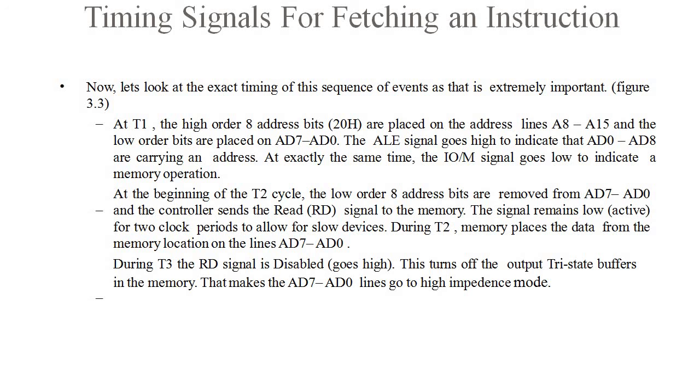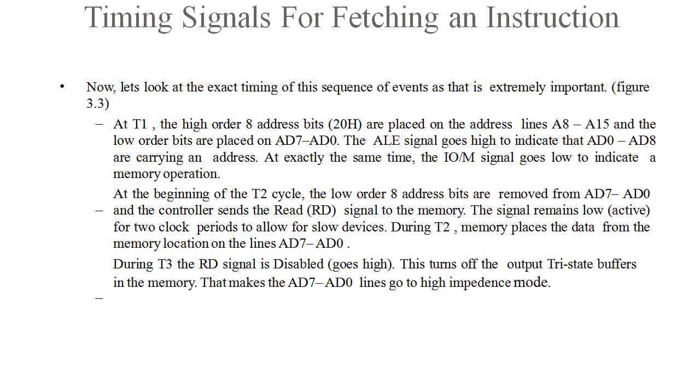At T1, the high order 8 address bits are placed on the address lines A8 to A15, and the low order bits are placed on AD7 to AD0. The ALE signal goes high to indicate that AD0 to AD7 are carrying an address. At exactly the same time, the IO/M signal goes low to indicate a memory operation.